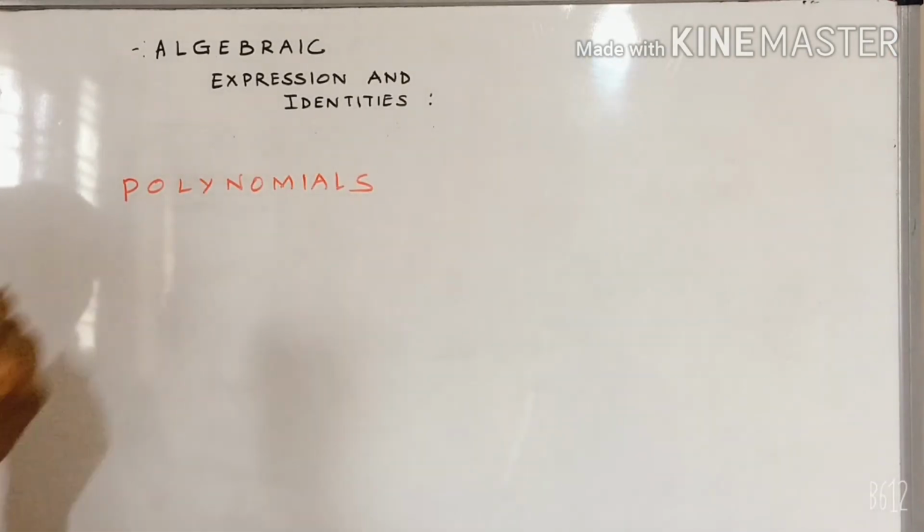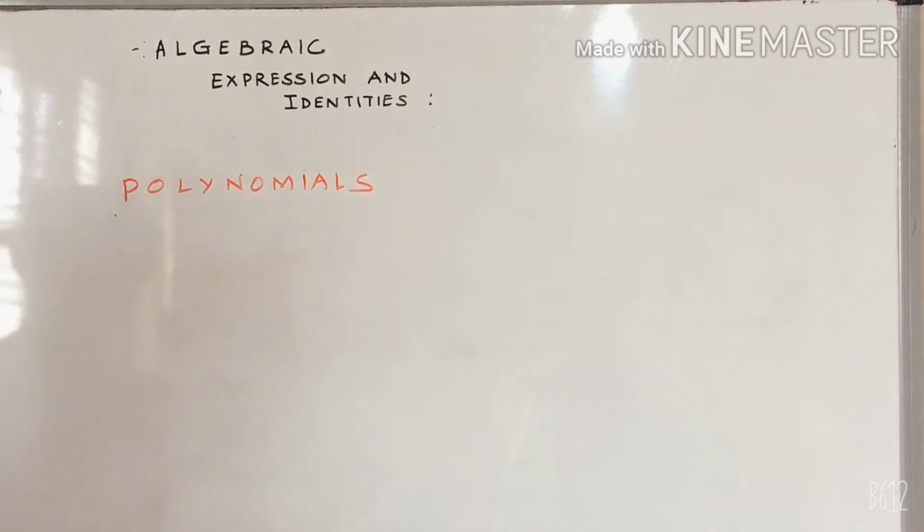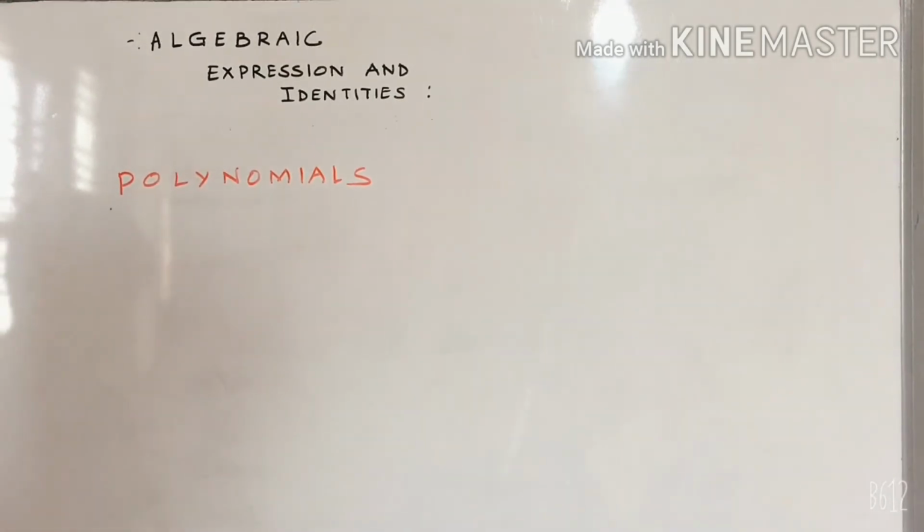So now we will study polynomials. What are polynomials? Polynomials are algebraic expressions that include real numbers and variables, contain more than one term, and are the sum of monomials. Division, square roots and negative exponents cannot be involved in the variables. They can only include addition, subtraction and multiplication.